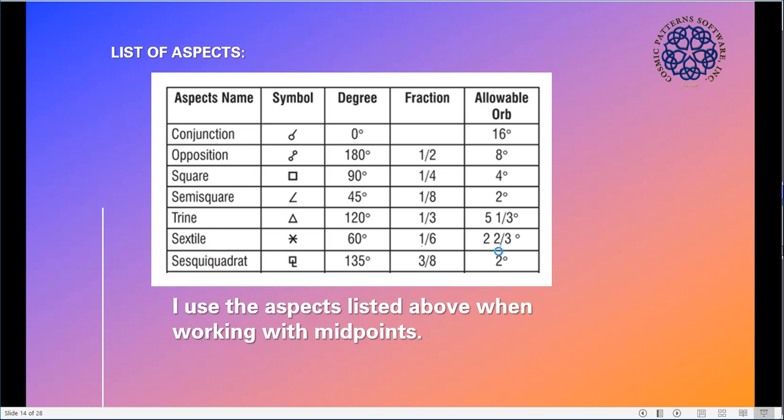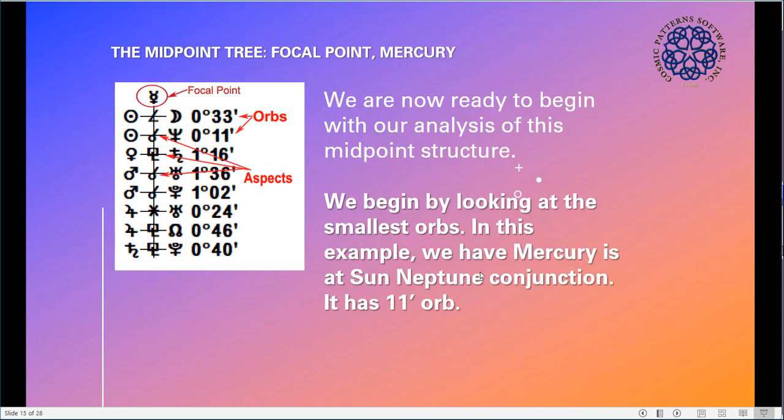For those of you who are new to astrology and still learning it, these are the aspects that I use when working with midpoints: the conjunction, the opposition, the square, semi-square, the trine, sextile, and sesquiquadrate. Now we are ready to begin our analysis of this midpoint structure.